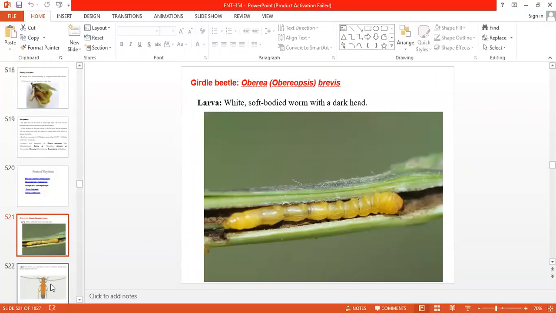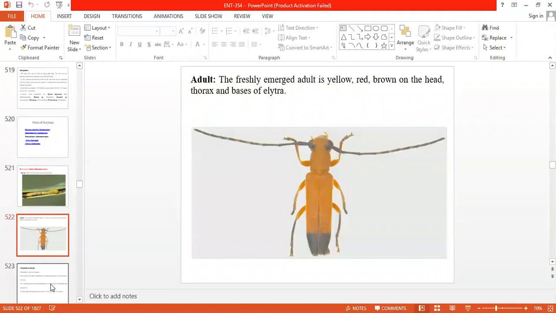Mark of identification: the grub stage is soft bodied with a dark head. The adult stage is mainly yellow, with a red brown head and thorax, and the base of the elytra is dark brownish or blackish in color.